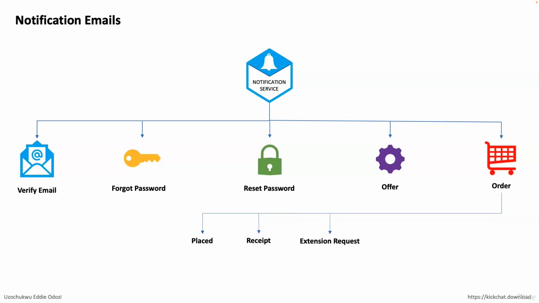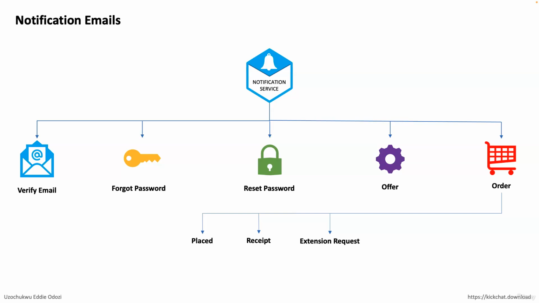Another email that will be sent is the extension request. Probably after a buyer places an order, receives a receipt, and the seller starts the order, maybe for some reason the seller needs more time.